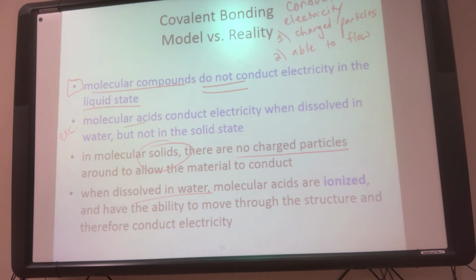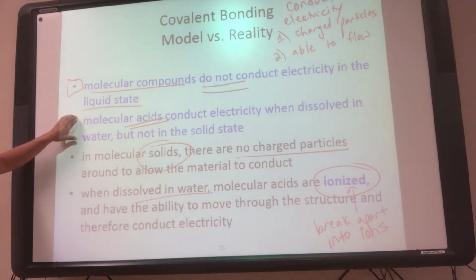Molecular acids, they do what we call ionize. Ionize means that they're going to break apart into ions. So if it is an acid, then it will break apart into ions when it is dissolved in water.